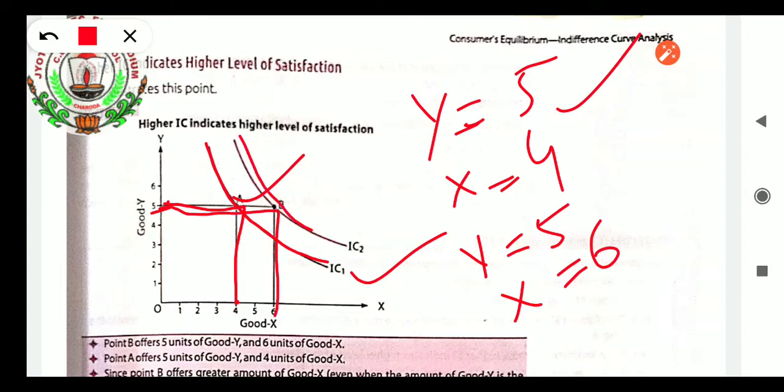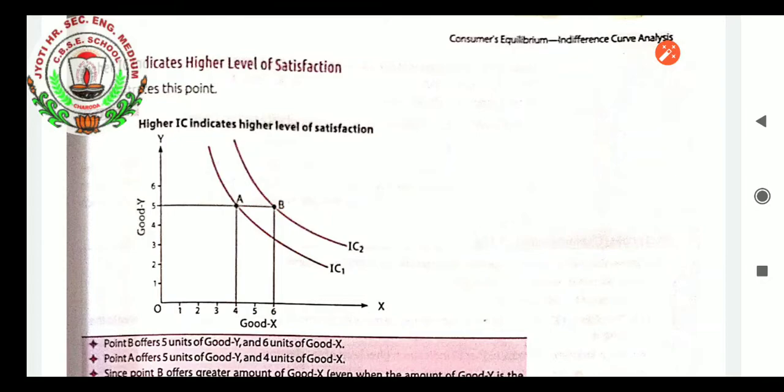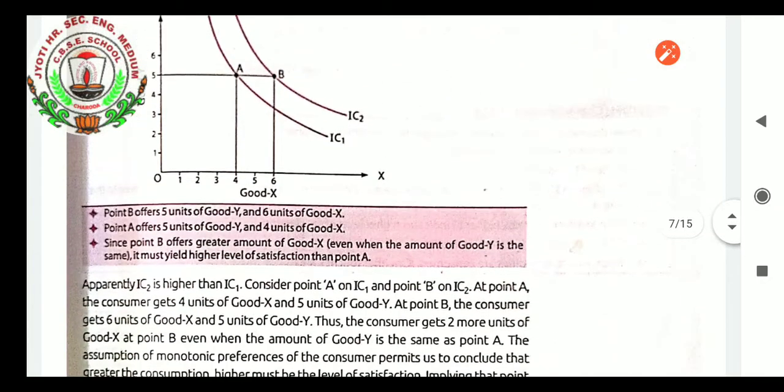The new IC came as IC2. IC2 shows much more satisfaction as compared to IC1. Here the demand is much more fulfilled as compared to the earlier satisfaction level. So this property shows that a higher IC results in a higher satisfaction level as compared to the older or lower IC. So IC2 satisfies more than IC1.